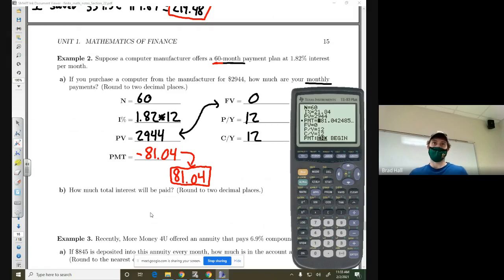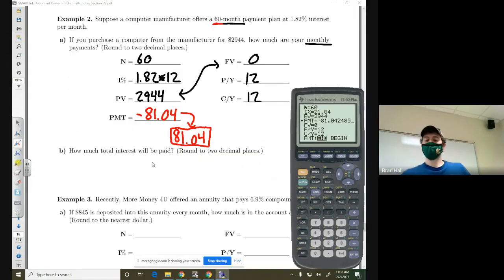I just tell you the magnitude, and we understand the direction of money. Negative's just for the calculator. And then my math lab is its own kind of nitpicky, whatever you want to call it. So in any case, these would be the monthly payments.